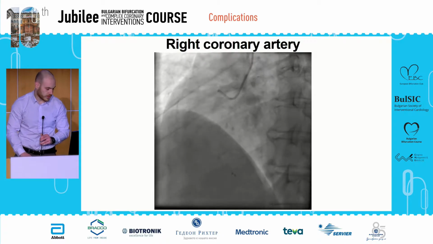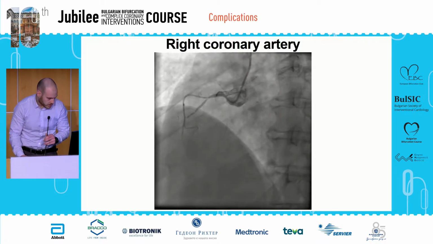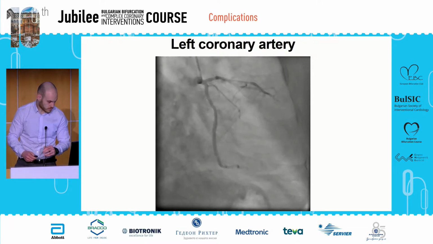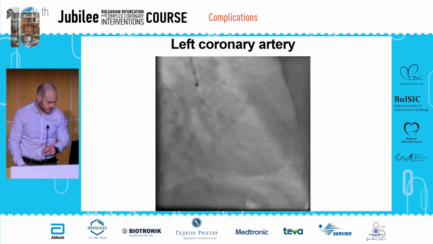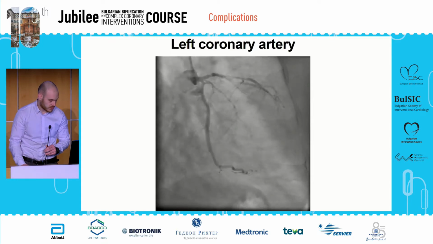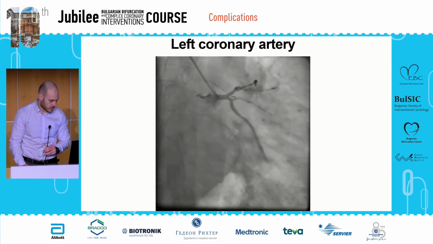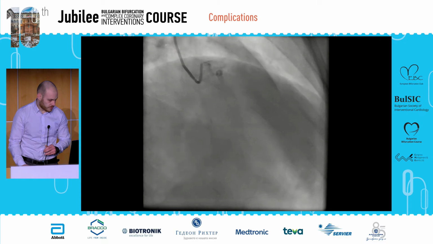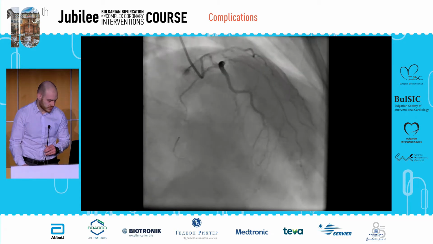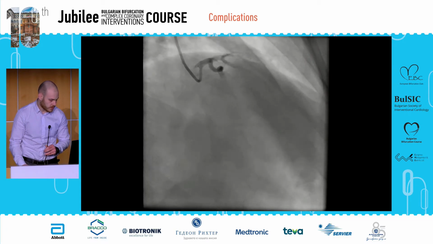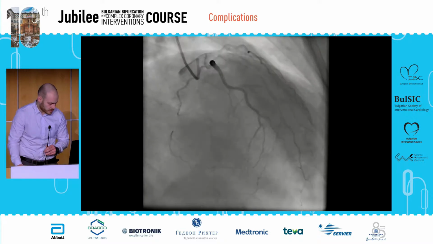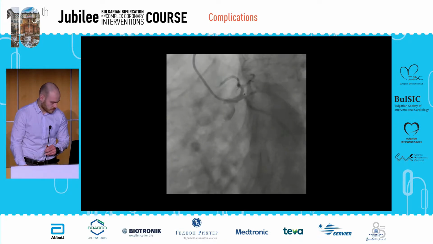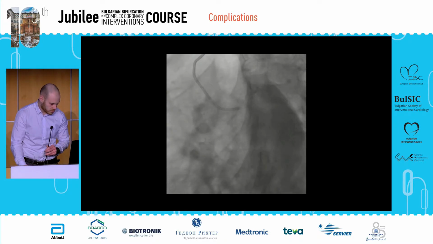We did a coronary angio, and this is the RCA. This is the left system, which shows a patent stent in the circumflex artery. You can see a stenosis of the LAD in the first diagonal, and at the end here you can see the RCA, spider view.